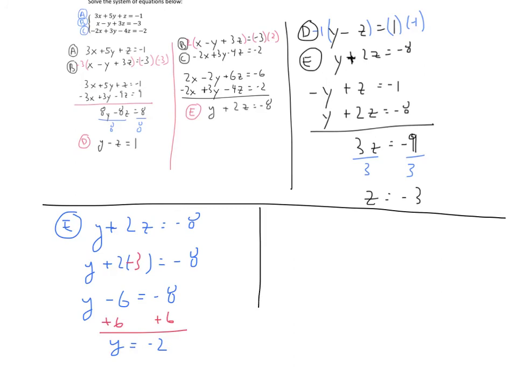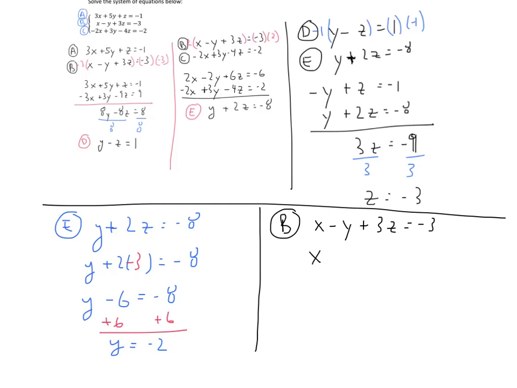And then at this point, where should I do my substitution? I've got two of the variables. I need to plug it into one of the original ones to find the x. So let's say I use, how about equation B? Equation B was this, x minus y plus 3z is equal to negative 3. Let's go ahead and plug our numbers in.